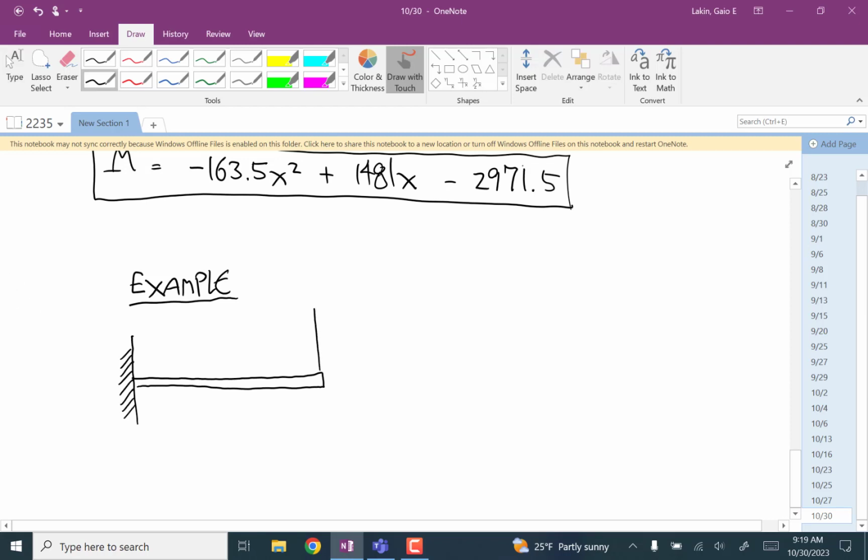And the only external load on it is a distributed load with a triangular shape. Let's make the length of this 1.5 meters. And let's say that the height of the distributed load at its highest point is 3,000 newtons per meter.